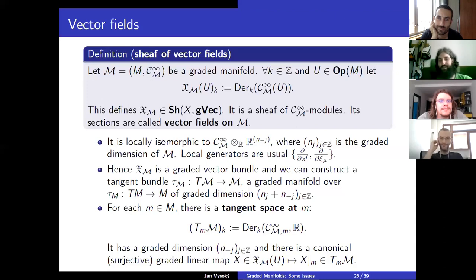Three people. They wrote a nice book, and they use exactly the same language I used here for supermanifolds. So they are local ringed spaces, and they define Lie groups and Lie algebras in the same way as I did.